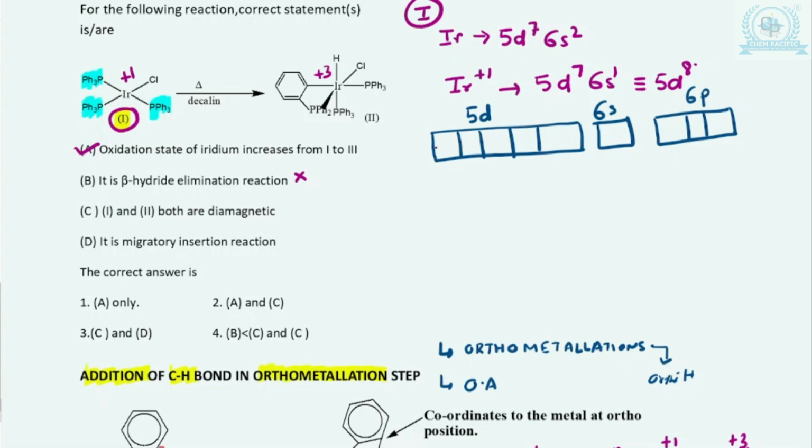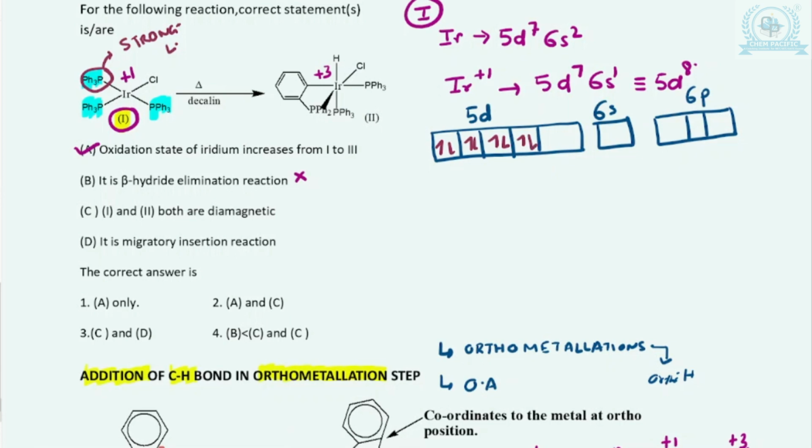So how many were there here? 1, 2, 3, 4, 5, 6, 7, 8. Now PPh3 is a sigma donor and pi acceptor ligand. So what kind of ligand is this? It is a strong field ligand, which will help in the pairing of the electrons. So the unpaired electron here will result in pairing.